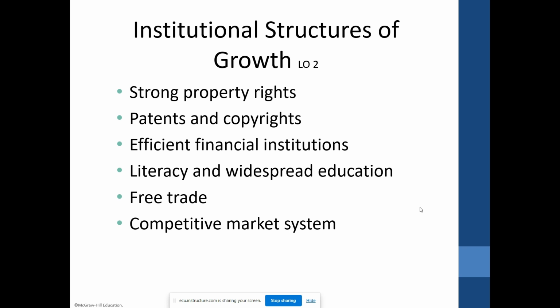There are several institutional structures that promote and sustain modern economic growth. Property rights are essential as people will not invest if they believe their investments are not safe from theft or an unscrupulous government.